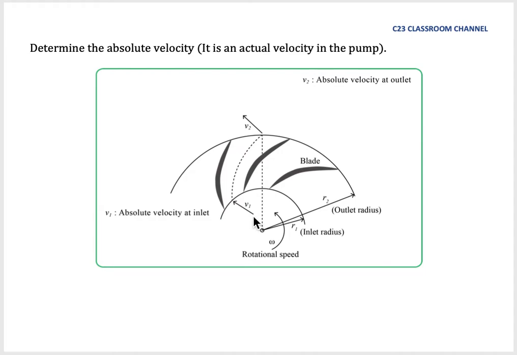So you just draw it equal to V1 like this, and at the outlet the same direction to the inlet. We label the absolute velocity as V1 and V2. V1 means absolute velocity at the inlet, and V2 is the absolute velocity at the outlet.